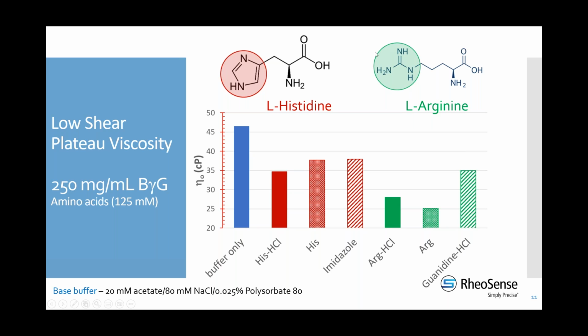Also, depending on the pH of your solution, both of these can have a charge, arginine being charged over a more broad range of pHs than the histidine, so arginine being more influential in this way. They also suggest that they can act like a salt would act to do the electrostatic screening.